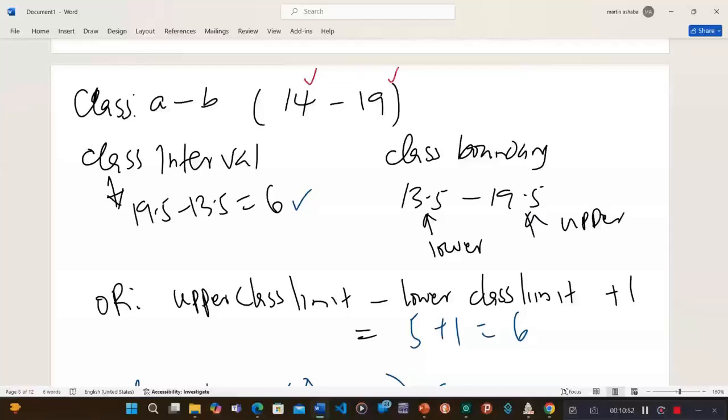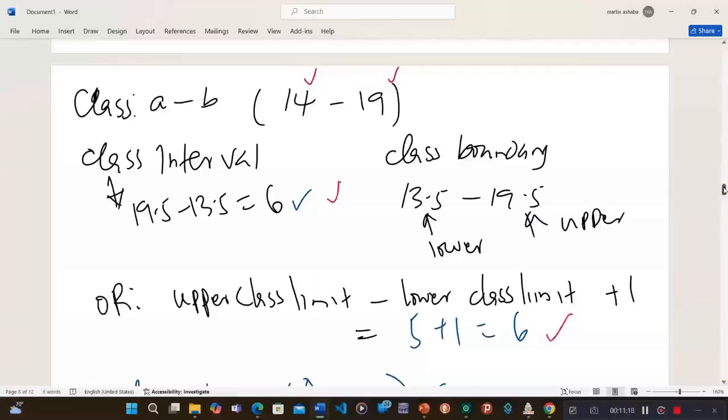So the lower class limit is 14, the upper class limit is 19. Now, if I'm asked to get the class interval, that will be 19 minus 14 plus 1. So if I have 5 here, then I add 1, I will get 6. It's the same as getting 19.5 minus 13.5, and I will get the same 5.